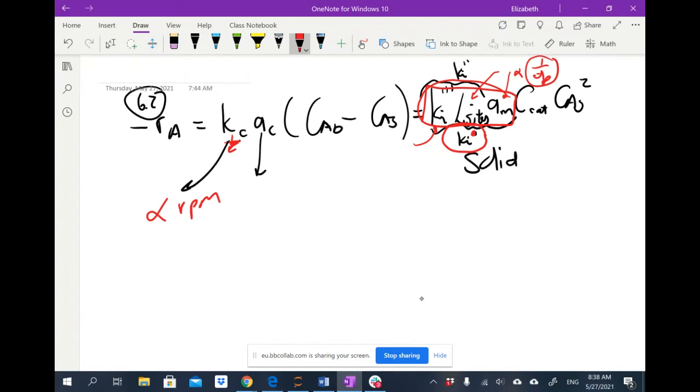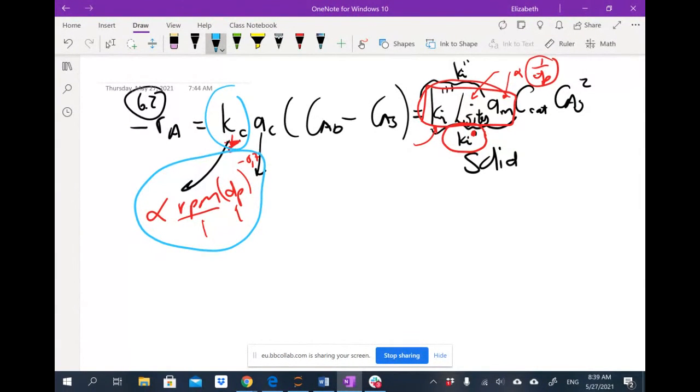I say, all right, it's not only directly proportional to the RPMs in the reactor, it is inversely proportional to, or not completely inversely, it's got this weird dependence on the particle diameter, my KC. KC will always change with RPMs and with dP. Okay, so now I know if anything in this group of terms changes, my KC will change accordingly.